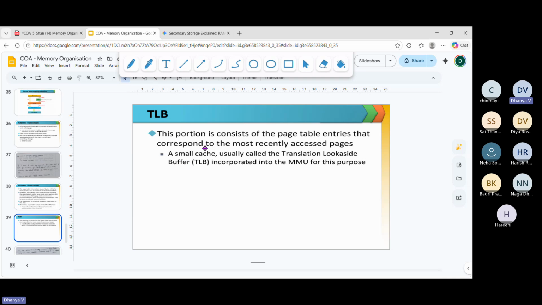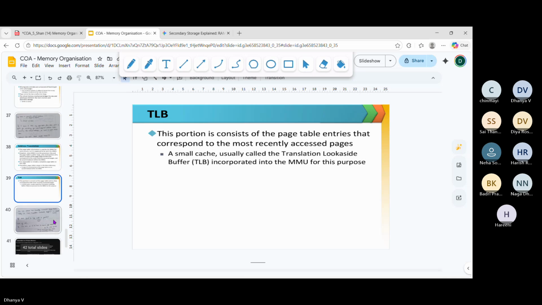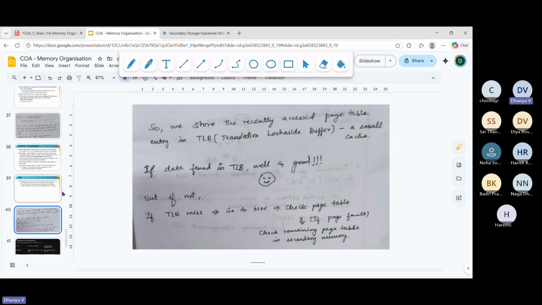Your page table entries which were recently accessed will be stored in your TLB. So it works like a cache, so it's much faster. Instead of going to the main memory again and again, if you store something in your cache, that means you access it faster. So we store the recently accessed page table entry in the TLB, a small cache.